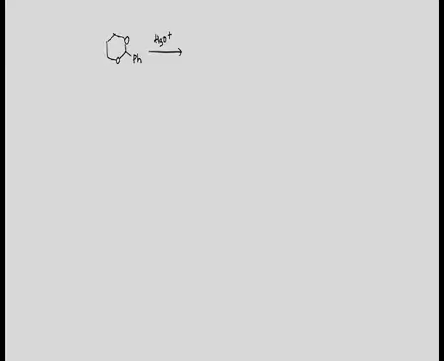So, here if you put acid, what happens? With H plus, one oxygen will be protonated, and once the oxygen is protonated, this will open. So, you get an oxonium ion here, OH. Now, water will attack.